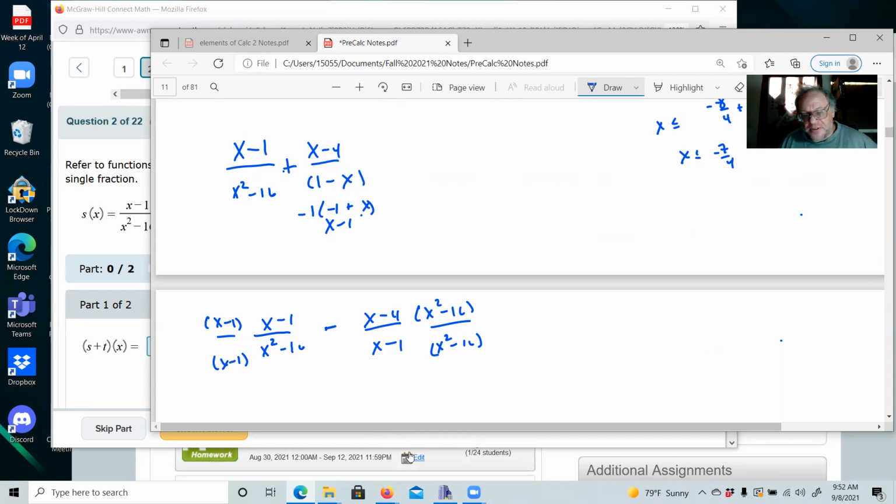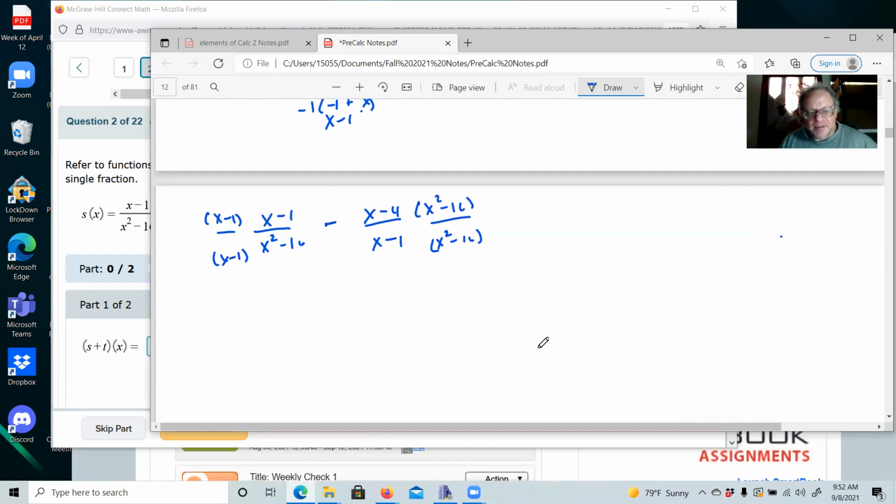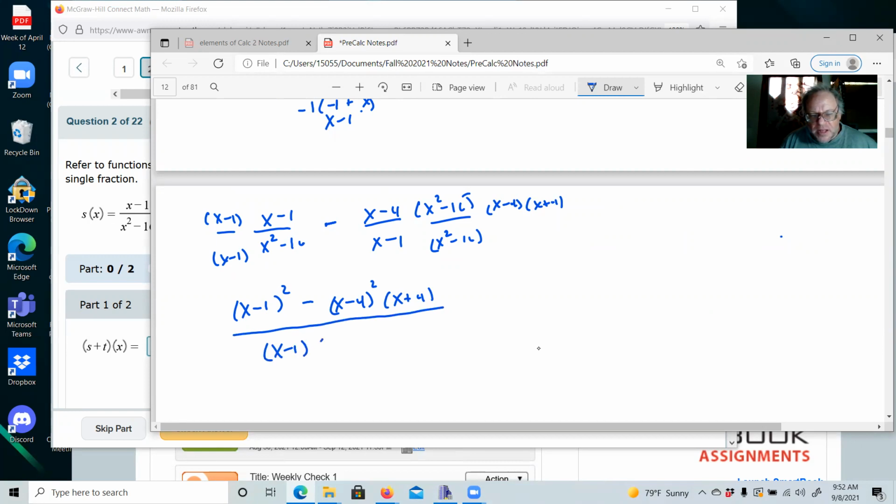Any common denominators? So what do we have? x minus 1 squared minus, this is really x minus 4, x plus 4. So we have x minus 4 squared, it's plus 4. That, and this is x minus 1, x minus 4, x plus 4.